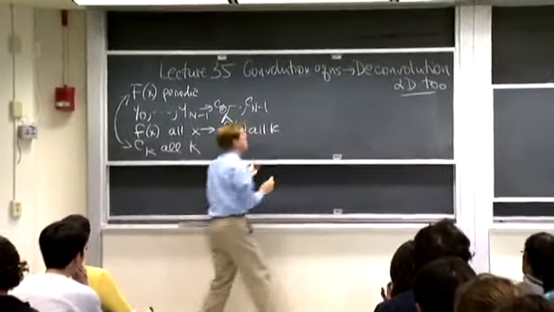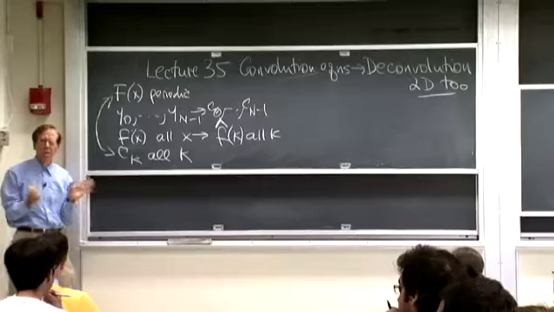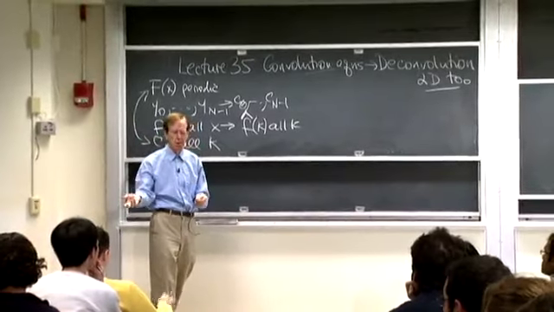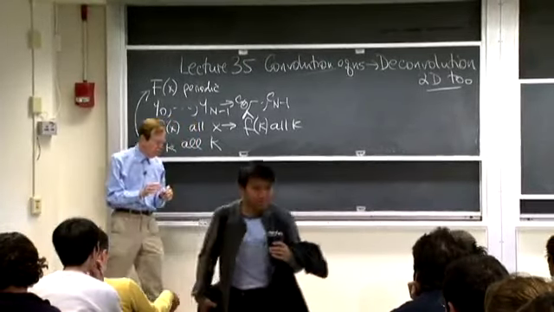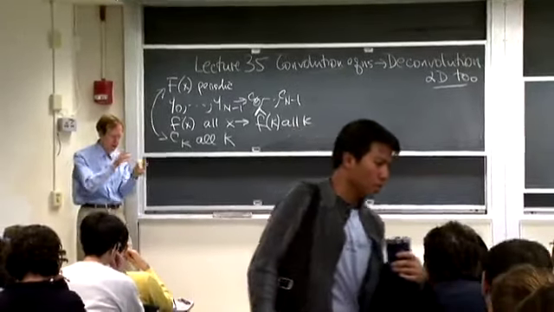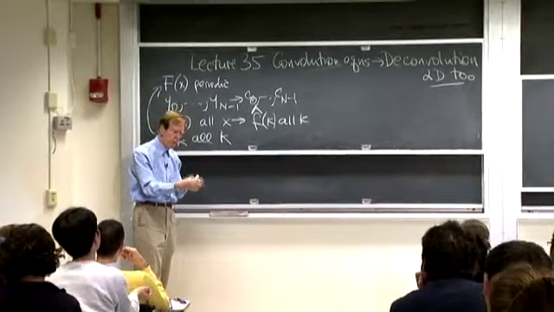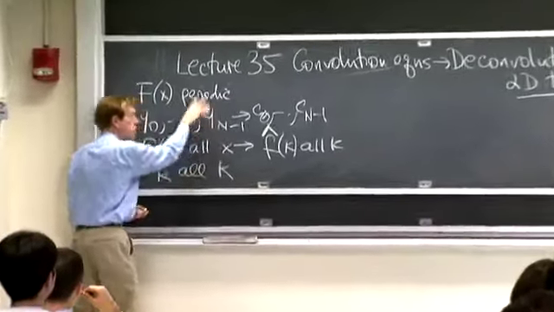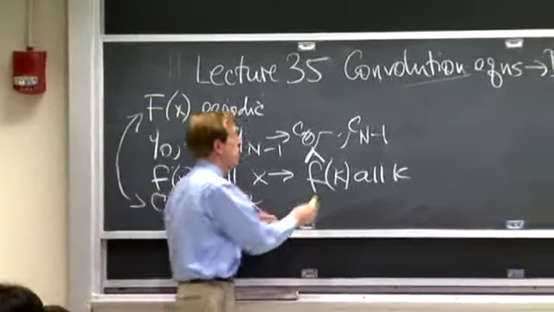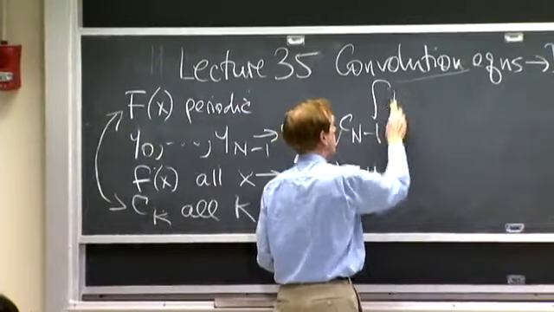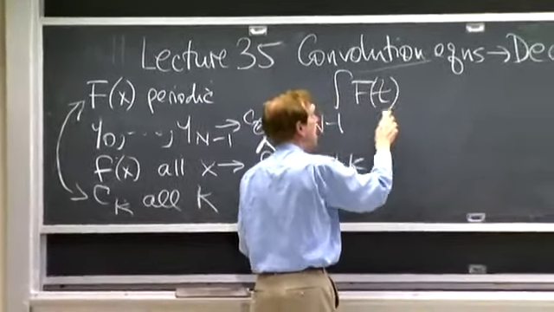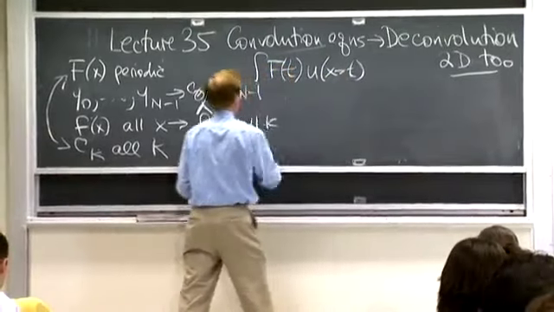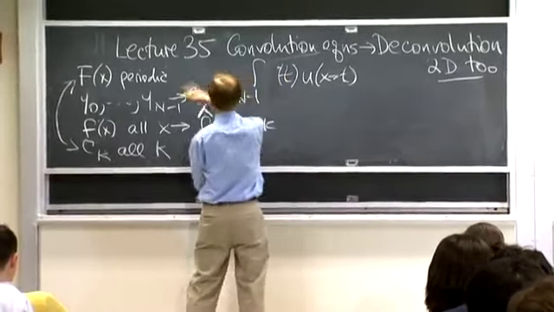Okay, now for the new part. What's a convolution equation? That's my word for an equation where instead of doing a convolution and finding the right-hand side, we're given the right-hand side, and the unknown is in the convolution. So let me write examples of convolution equations. The convolution equation would be something like the integral of a kernel K(t) times the unknown u at x minus t, equal to f, the right-hand side.